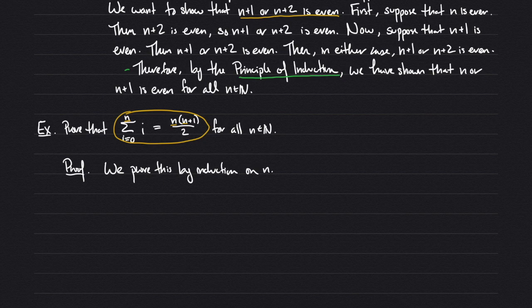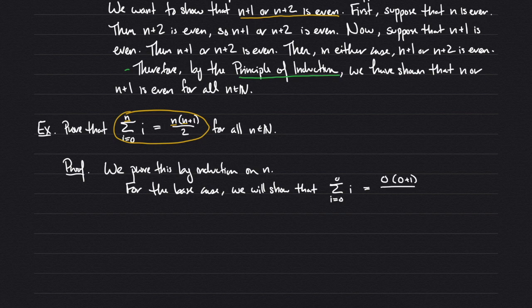Okay, so now we're going to have these two paragraphs. The first one is going to be showing the base case. So for the base case, we will show that if we sum up all the numbers from 0 to 0, then we're going to get 0 times 0 plus 1 over 2.